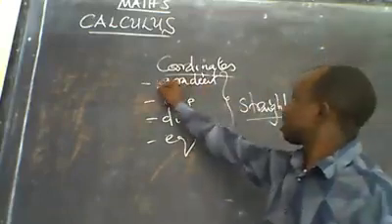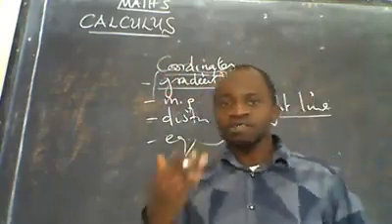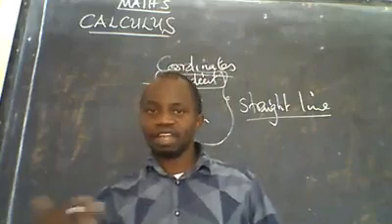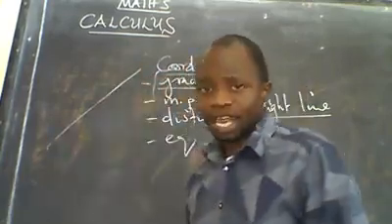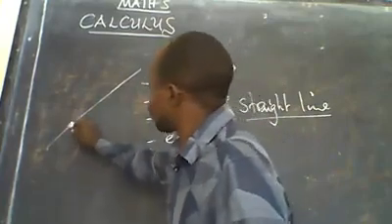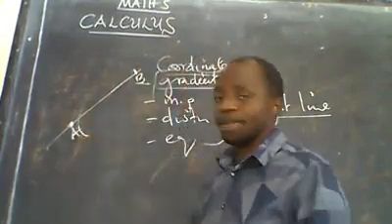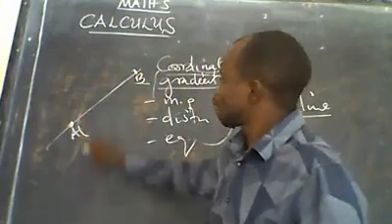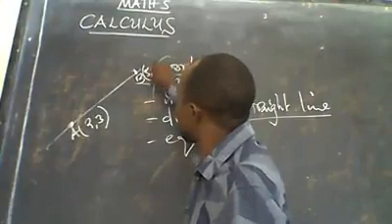So take for instance finding the gradient. The question is always, find the gradient of a straight line. So if we have a straight line of this kind, and then we've got 2 points, point A here, point B there. Maybe point A is (2, 3), and the other point is (5, -7).